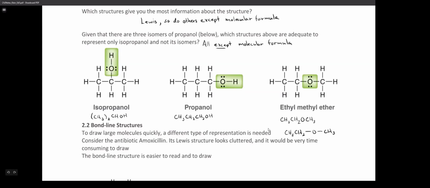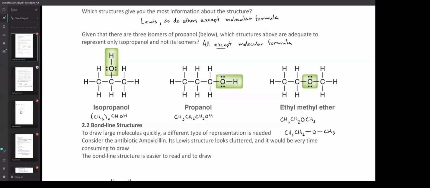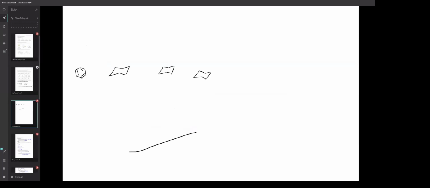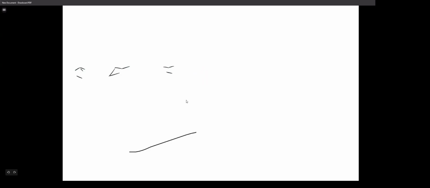Let me give you another one just for practice. Let's see, what's this? Oh, this is just me doodling. Okay, so away goes the doodles.